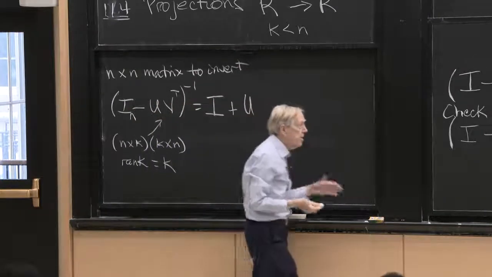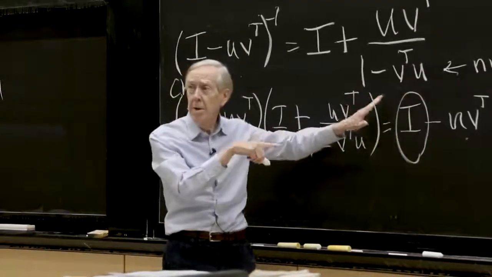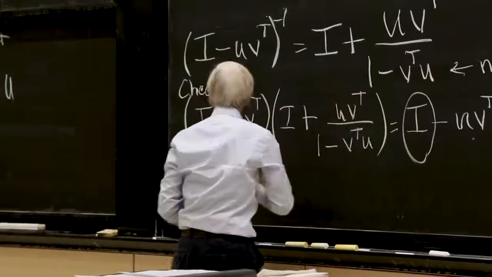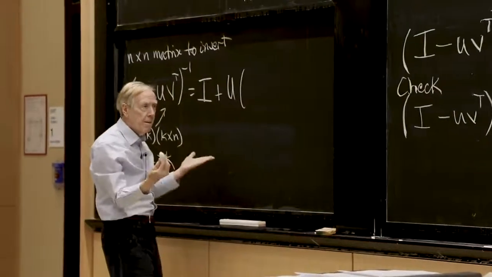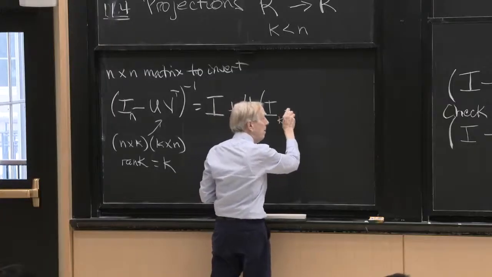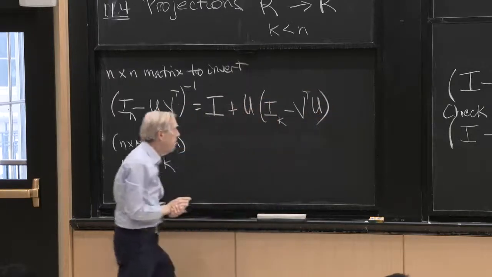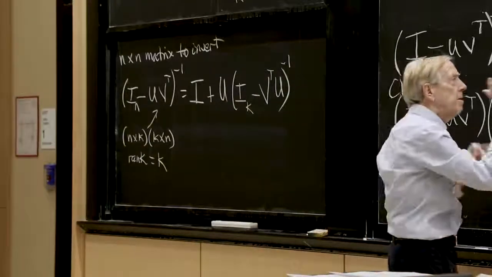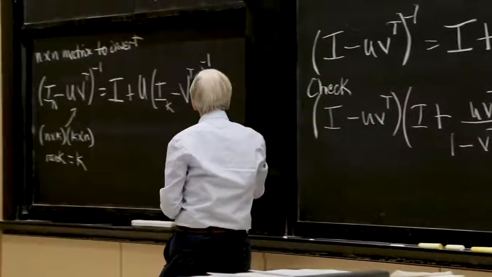Now I have matrices, so that's an inverse, but I can't leave it as a denominator because here we're talking about a k by k matrix. So I have to put it like any matrix inverse, I_k minus v transpose u inverse. So I'm just copying this formula, wisely taking the u first, then this part, then finally the v transpose.